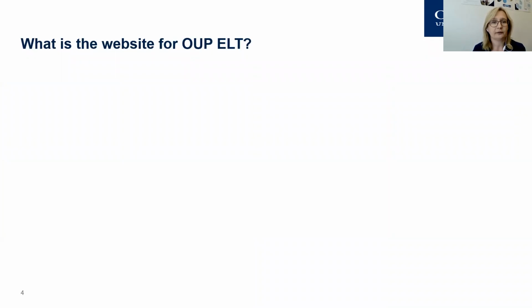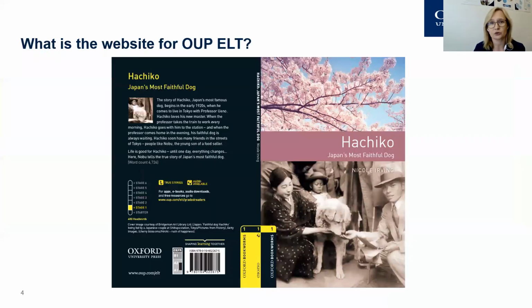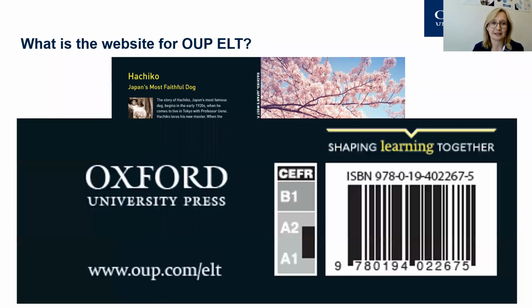To start with, I'd like to remind about the easiest and quickest way to find our website address, especially if you're using Oxford University Press books. On all your books, on any cover, course book or reader or grammar, we have our website address printed on the back cover, so you can always find it easily.